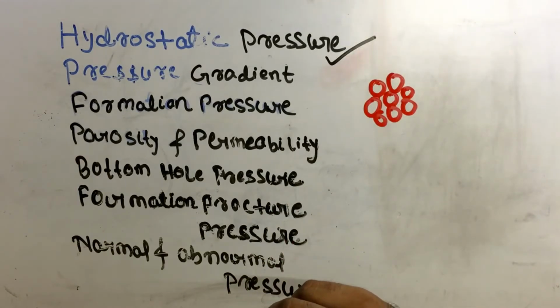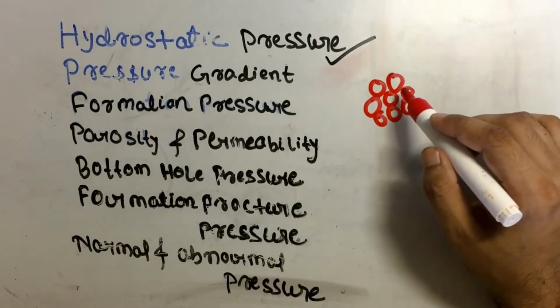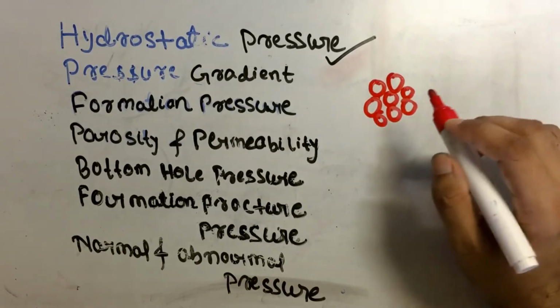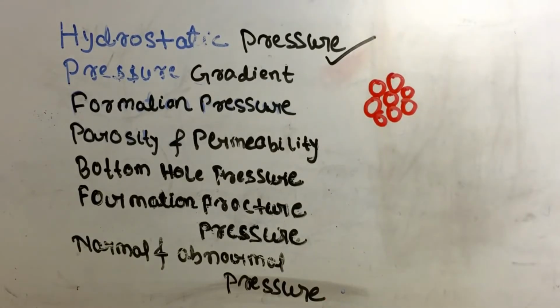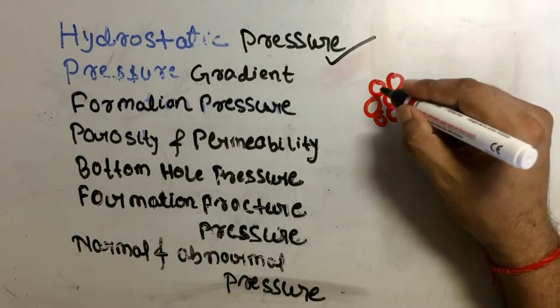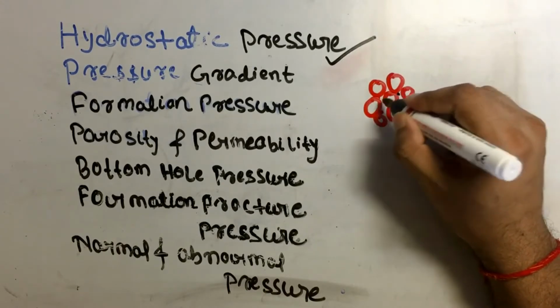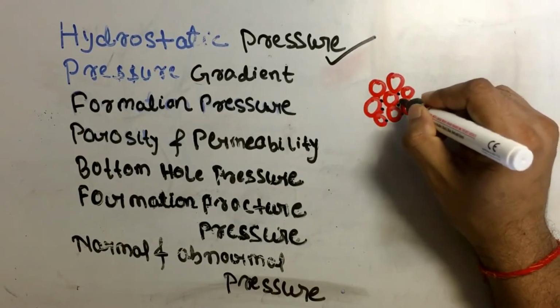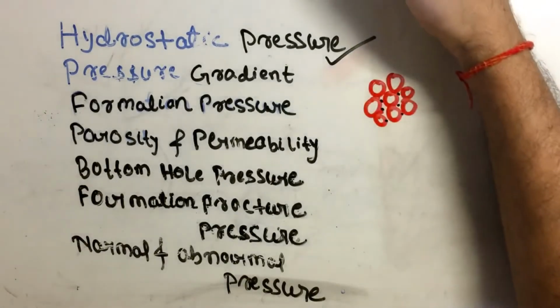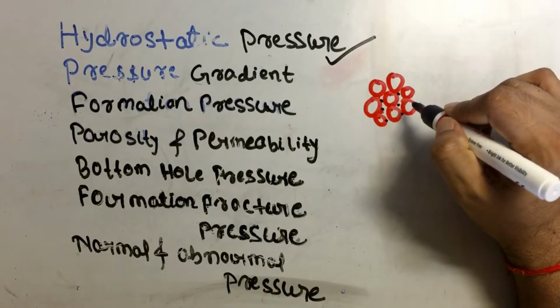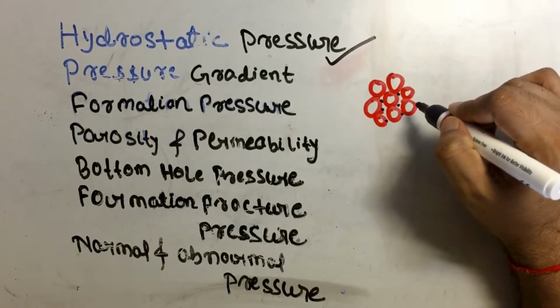So, understood what the pore or formation pressure is. I am going to describe it in a simple way. If these grains are tightly packed and fluid is trapped here, and there is too much burden pressure of the formation on this, then formation pressure will be high.